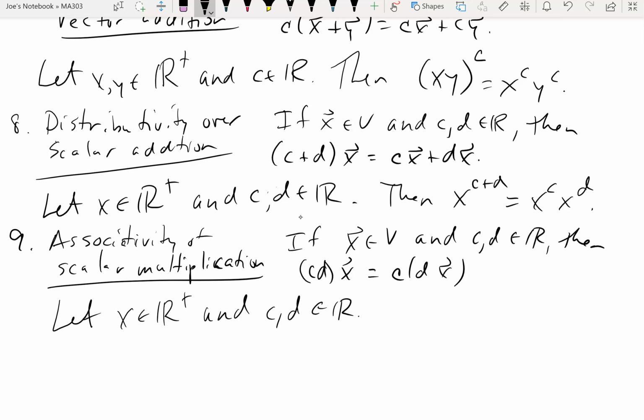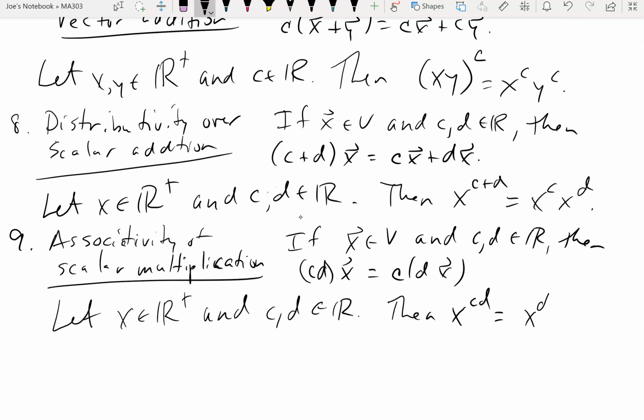What does CD multiplied by X look like by our definition? X to the CD. And now I have multiplication up at my exponent. So what can I do to make it look like what the right-hand side is supposed to look like?